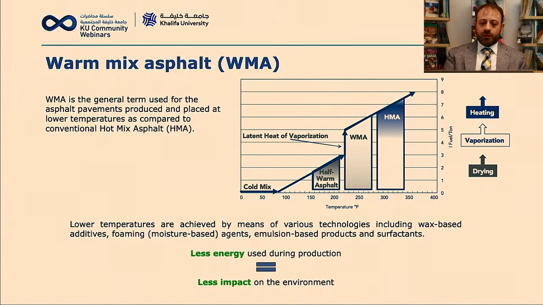By adding to our mixtures different technology, wax-based additive or water, moisture-based agent, we can decrease this temperature by 20 to 30 degrees C. Obviously, if you produce a material at lower temperature, you need less energy during the production, so you have less impact on the environment.